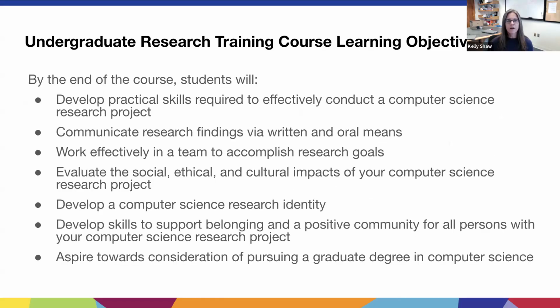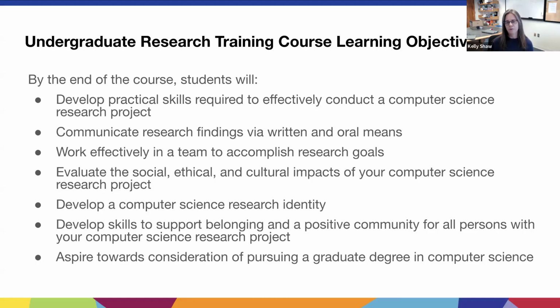So the objectives for the course are for the students to develop practical skills for a research project, be able to communicate their research findings via written and oral means, work effectively in a team to accomplish their goals, be able to evaluate the social, ethical, and cultural impacts of their project with you, develop a computer science research identity, and develop skills to support belonging in a positive community for all the individuals involved in the research project.